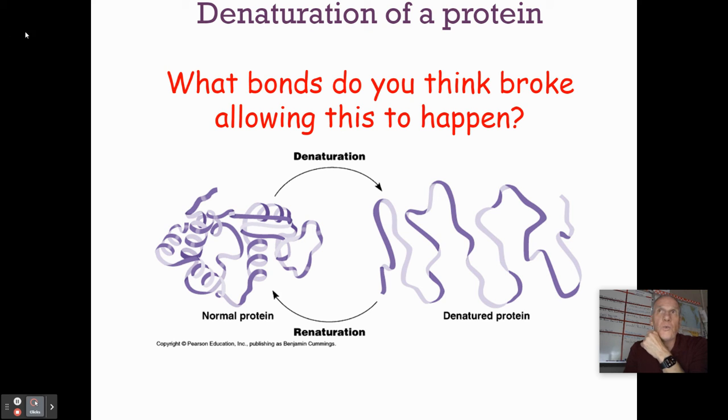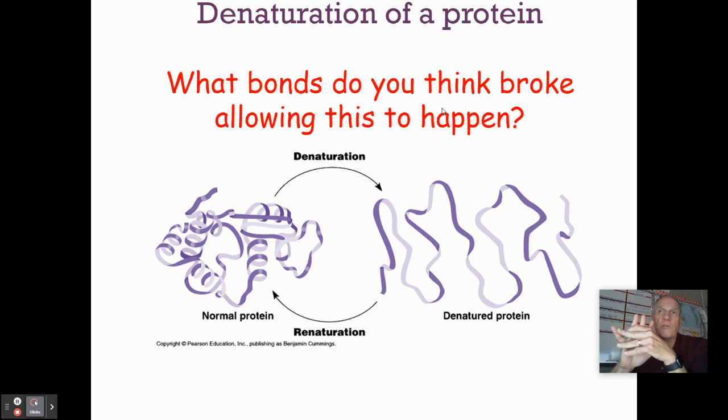So the question is, what bonds do you think broke first that allow this to happen? Think about those 4 primary levels of structure. We have quaternary, multiple tertiary structures coming together. Tertiary structures, which is a result of multiple different types of bond types: hydrogen bonds, disulfide bridges, hydrophobic interactions, and ionic bonds.